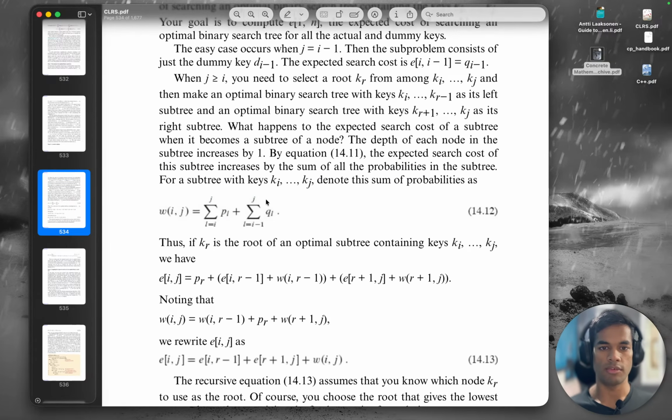For a subtree with keys k_i till k_j, denote this sum of probabilities as w(i,j). Since there are also the dummy keys which we have to consider, they go from i minus 1 till j.